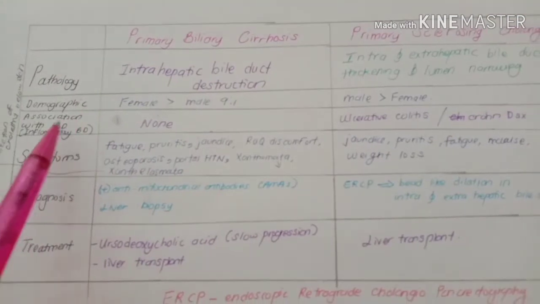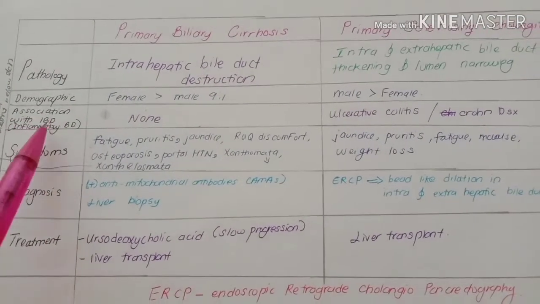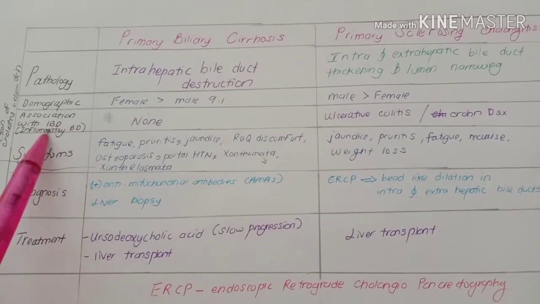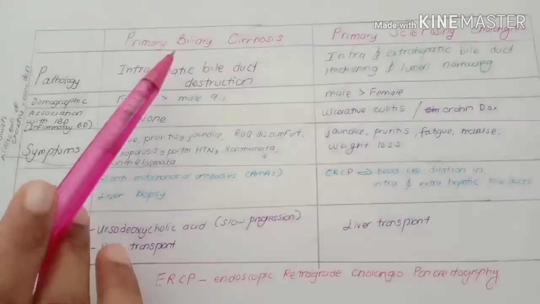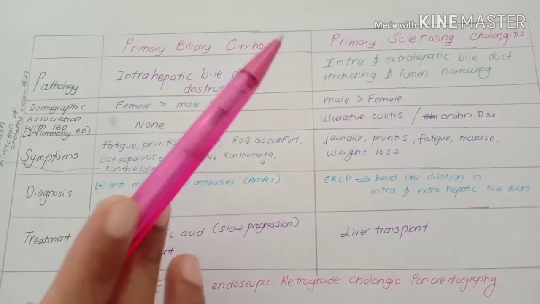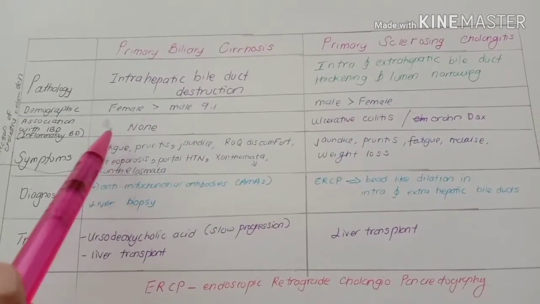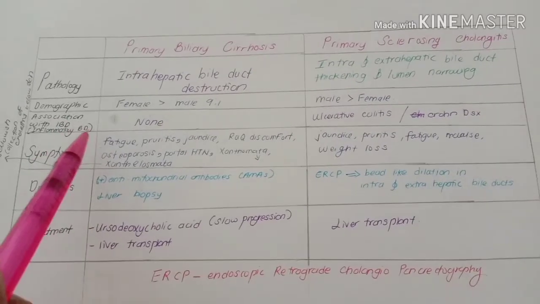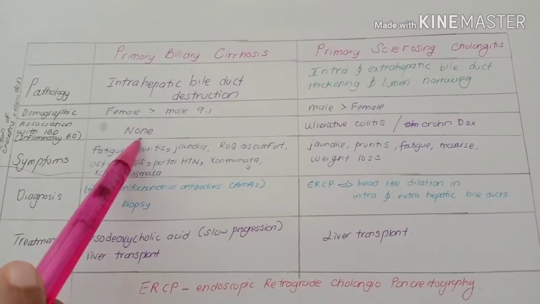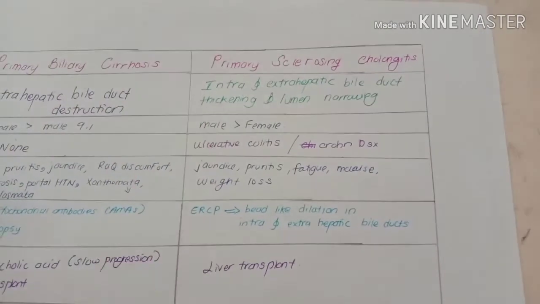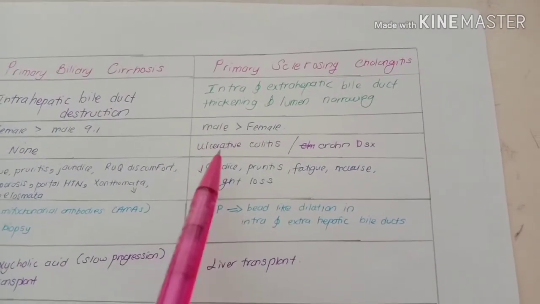So next we will go to the association with inflammatory bowel disease. Primary biliary cirrhosis isn't connected to any association with inflammatory bowel disease, whereas for primary sclerosing cholangitis there is a link.